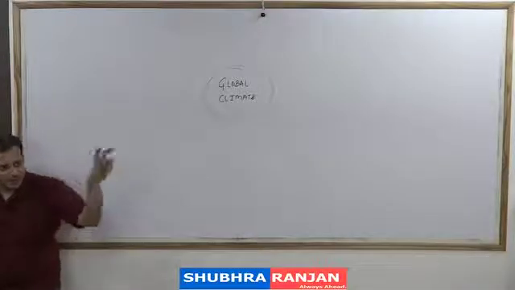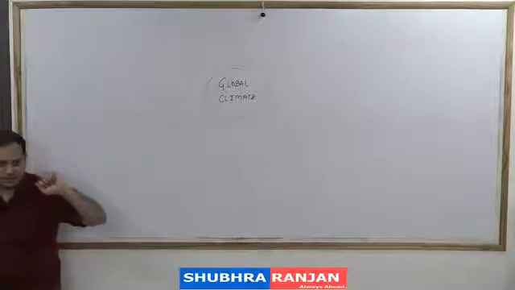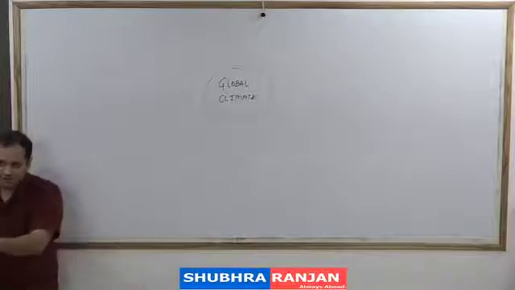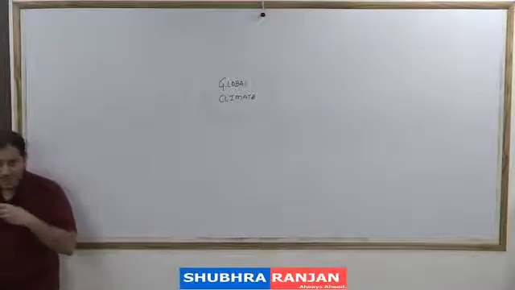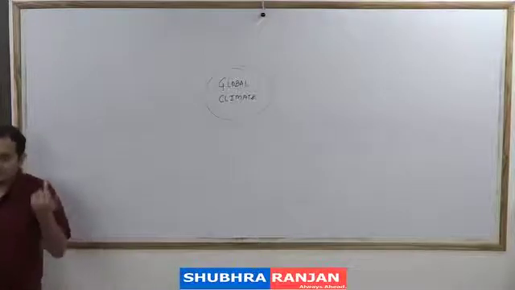So you have set the tone that global climate change is one of the biggest challenges of the 21st century. Global climate change has two reasons, the natural reason and the artificial reason. Among natural reasons, the biggest is volcano. And then the impact of the volcano.